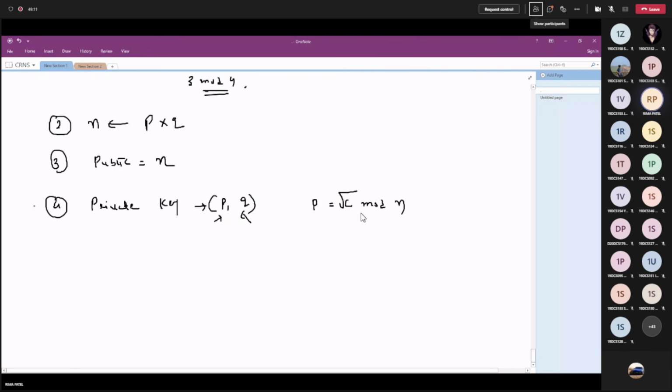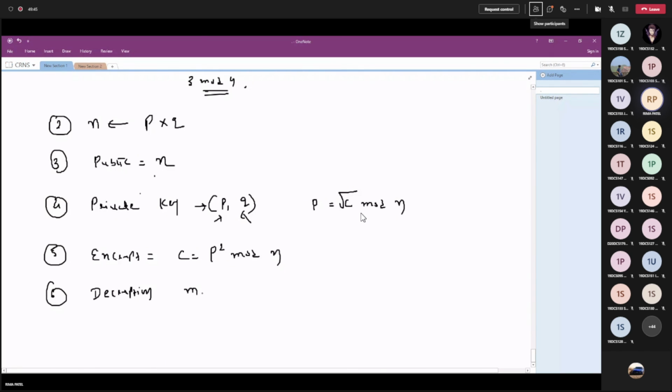The next step: I have the 2 keys now. In the next step, I will encrypt my text. For encryption, we have C equal to P square mod n. Now decryption. As I told you, decryption will have 4 different values, and here is how it is possible.